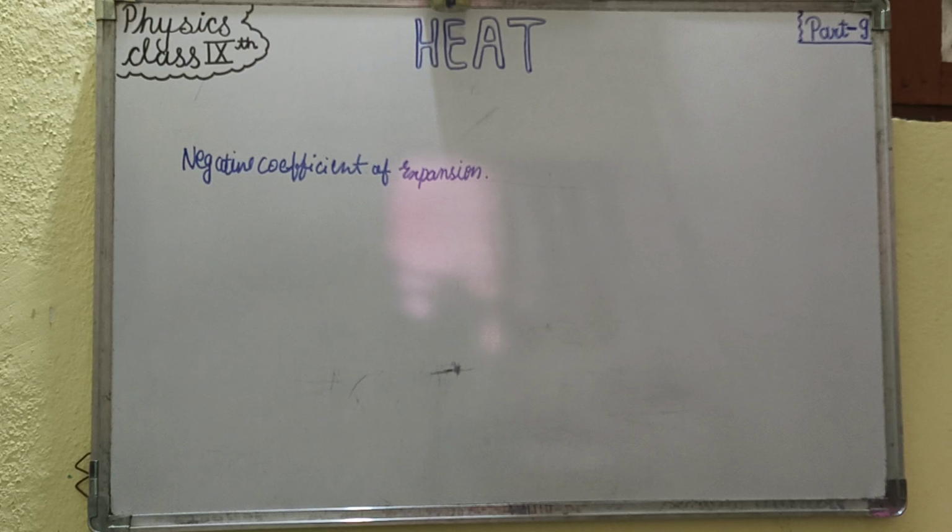Example, water between 0 to 4 degree Celsius, cast iron, rubber, etc. Why does rubber contract on heating? Atoms in a solid vibrate horizontally as well as vertically.